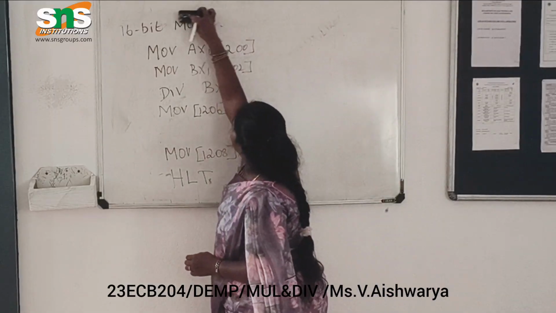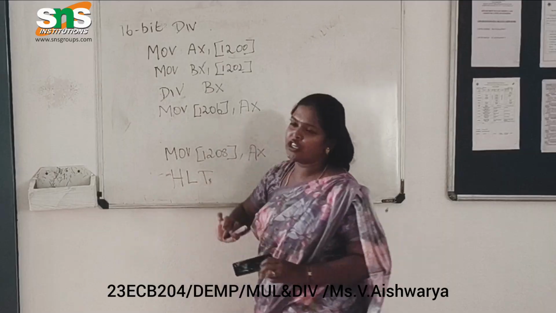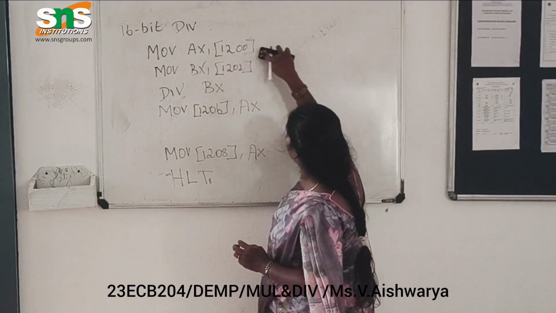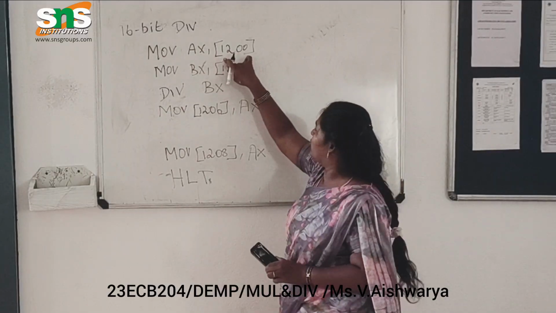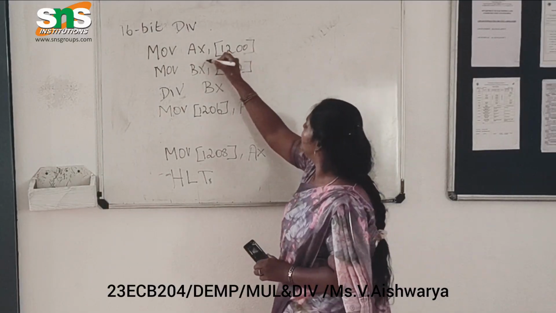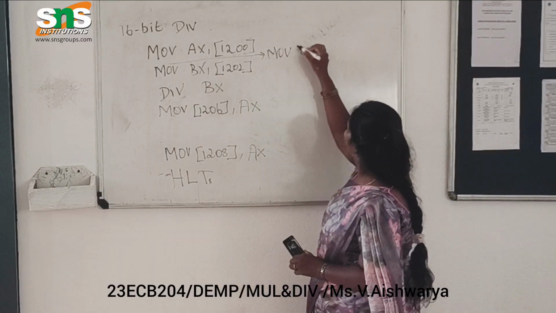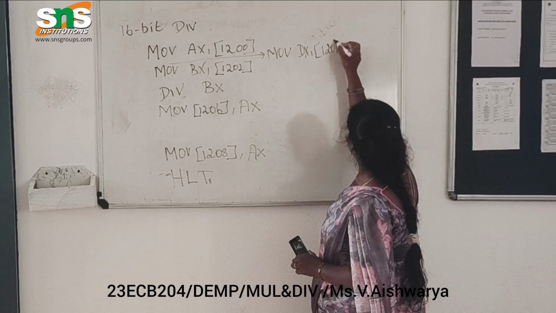In the division program, we have to get two dividend values. In AX we get the value from 1200. The next instruction is move DX comma 1201.